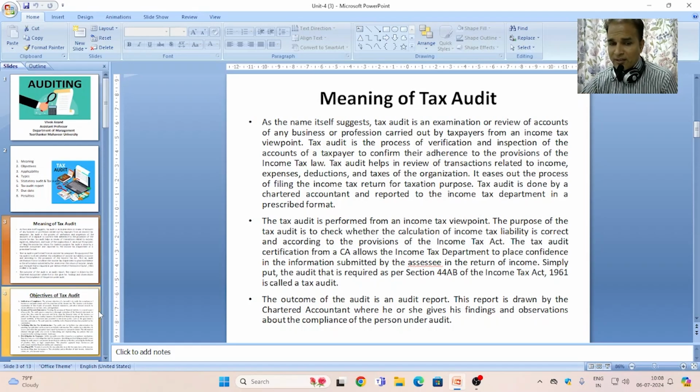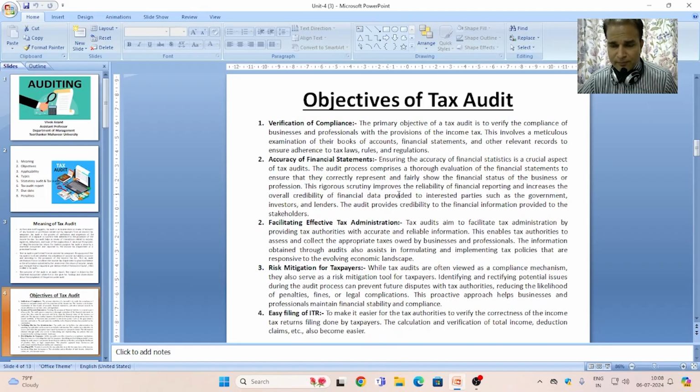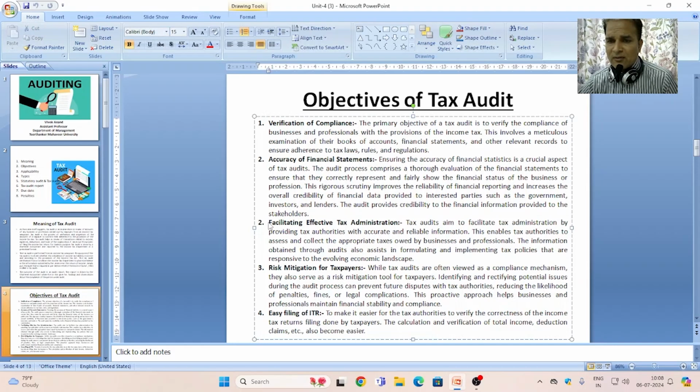Now, what are the objectives of tax audit? Let me discuss. The first objective is verification of compliance. Verification of compliance is the primary objective of tax audit. In tax audit, compliance of business and professionals with the provisions of income tax will be checked.